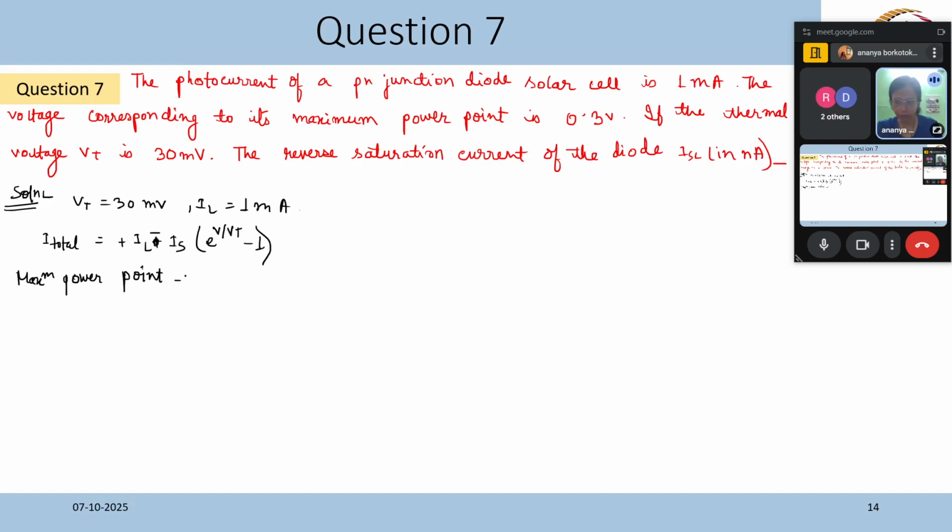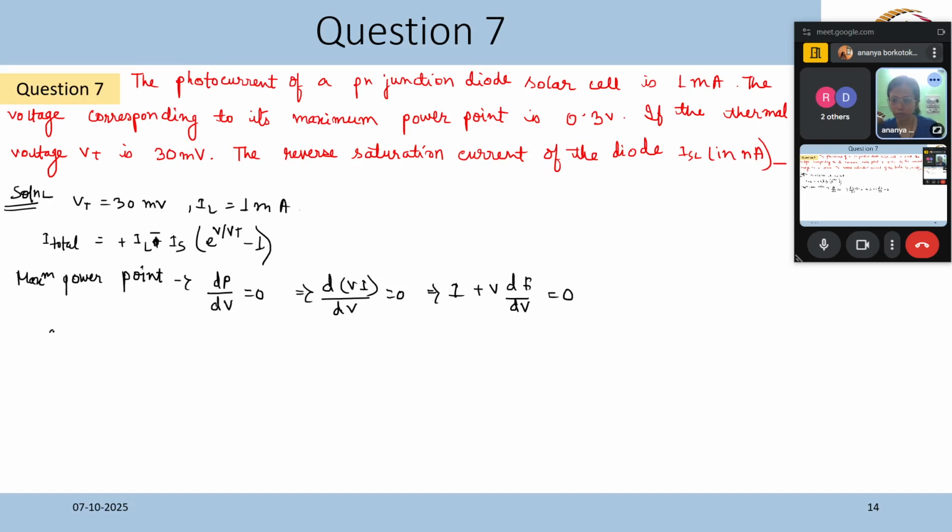This is the point where dP by dV is 0. Remember, that's how we calculate the maximum power point. The derivative is 0 at this point. So power is V into I, and d of V into I by dV equals 0. So I plus V dI by dV is 0.